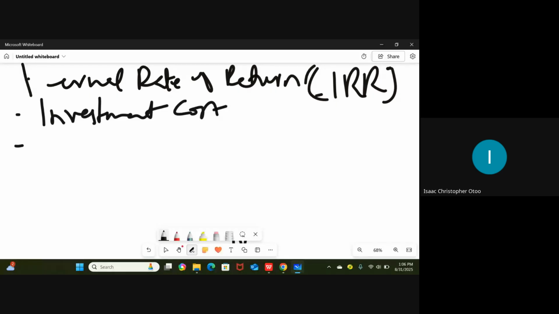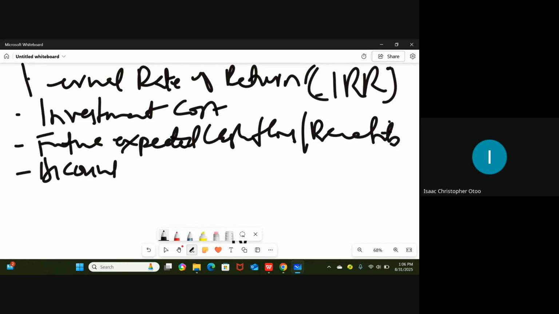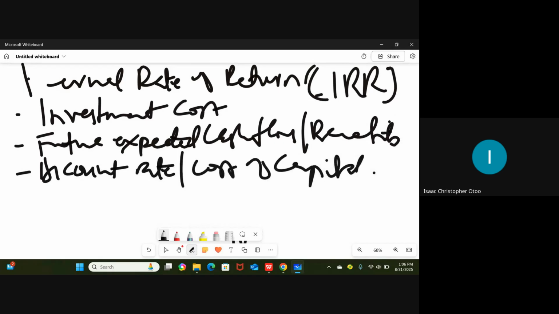Two, the future expected cash flows or benefits. Then three, the discount rate or cost of capital. So these three variables will be given to you.